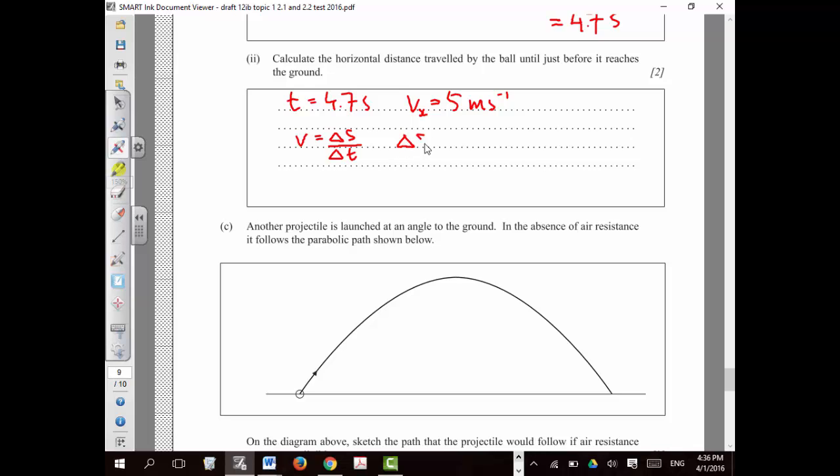So delta S is going to be equal to v delta t, which is 5 times 4.7, which is 23.5. Okay, we need the units as well. S is measured in meters, so that's meters.